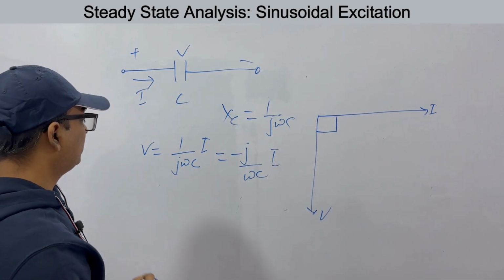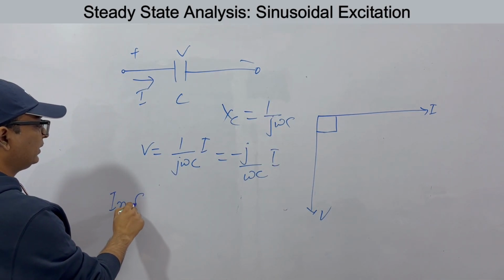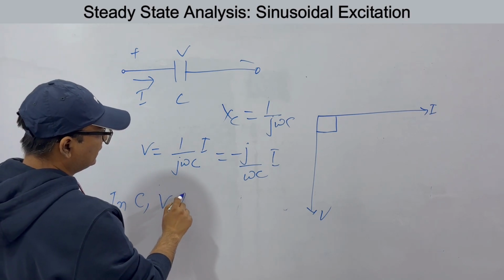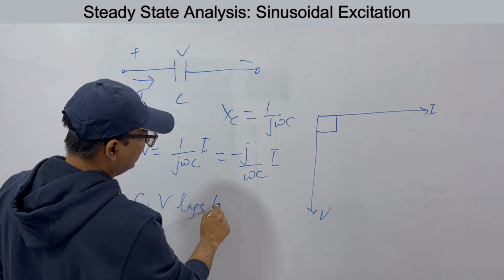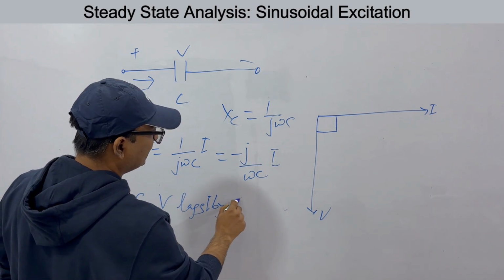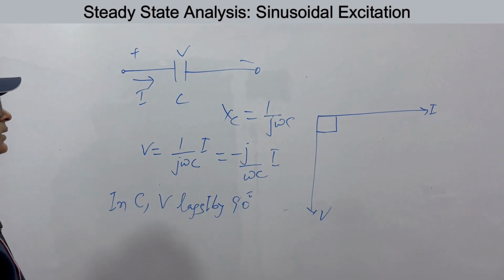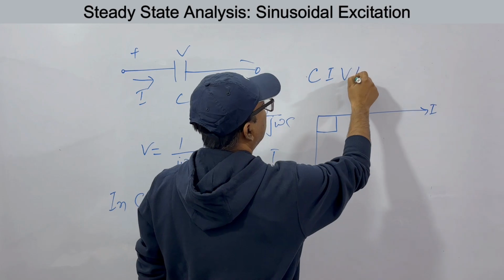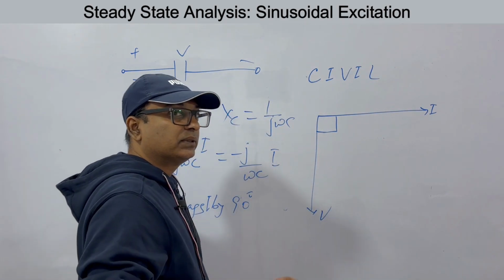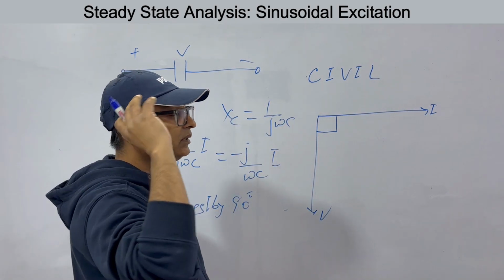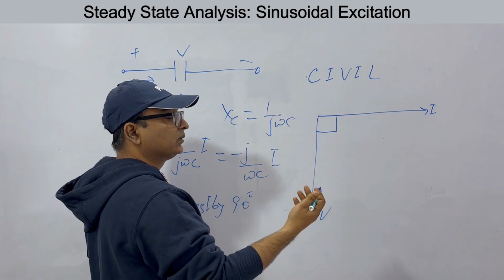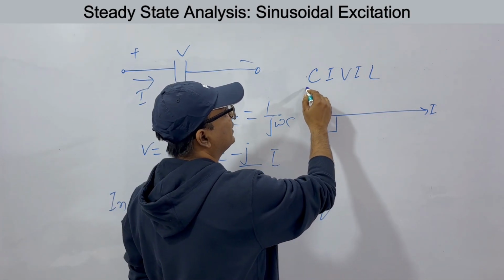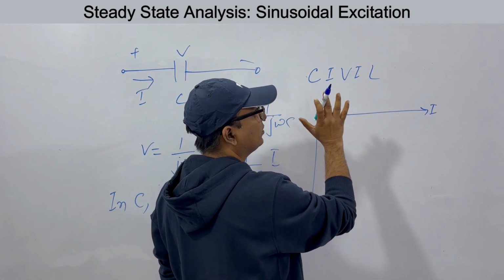Okay. So in capacitors, V lags I by 90 degrees. Okay, remember this. So we have a term called CIVIL to remember. Sometimes when you are solving problems in an examination, you will just forget whether voltage leads or lags. Remember this term CIVIL, it talks of leads only.